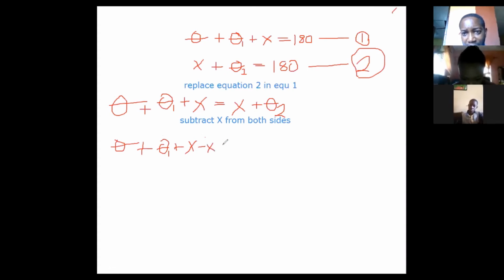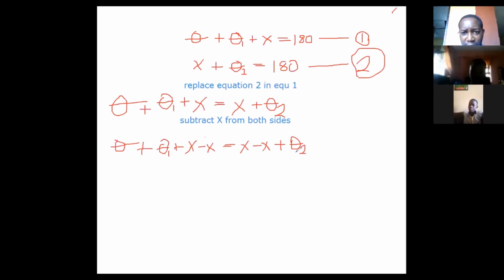You now come to the other side too and do the same thing: x minus x plus theta 2. Do we get this?